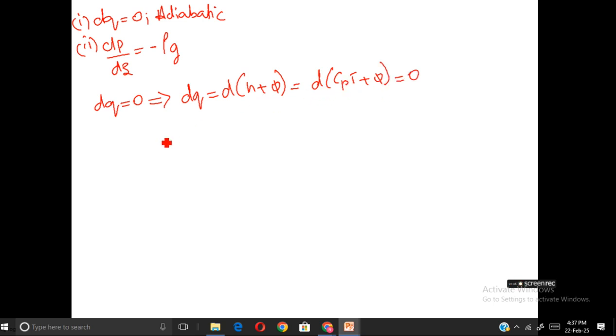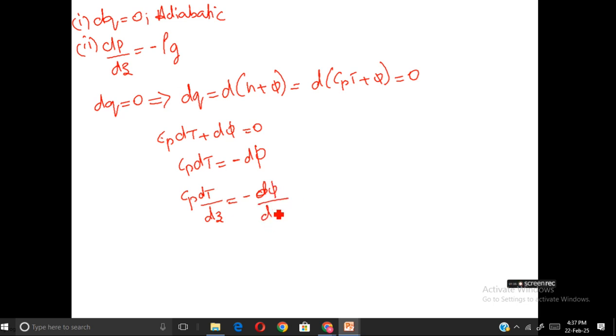If we open the bracket, cp dT plus d phi is equal to 0, or cp dT is equal to minus d phi. If we divide the whole by dz, we will get cp into dT by dz is equal to minus d phi by dz.